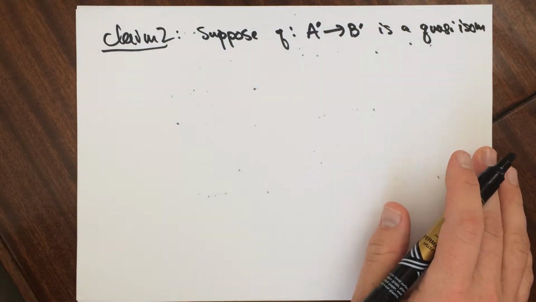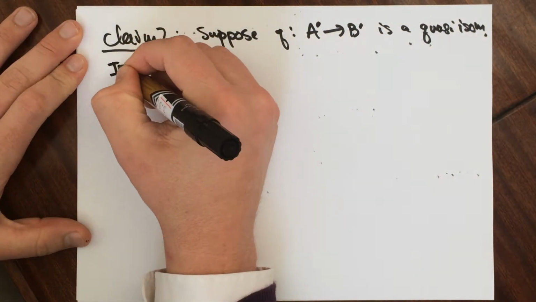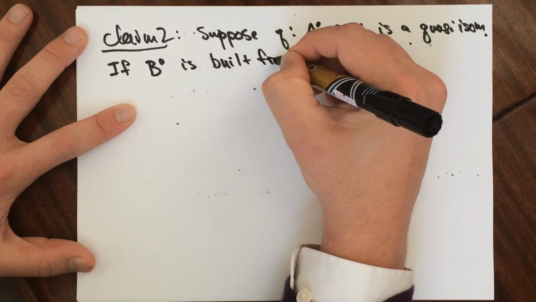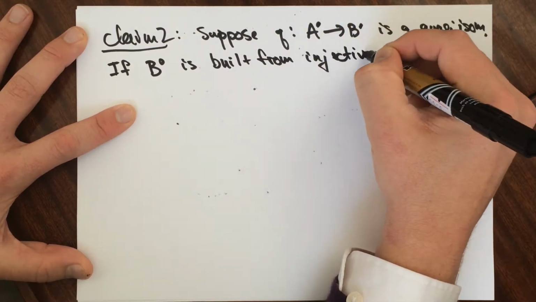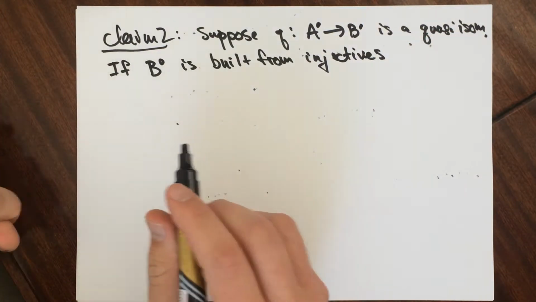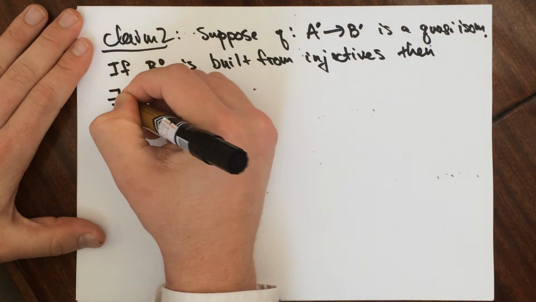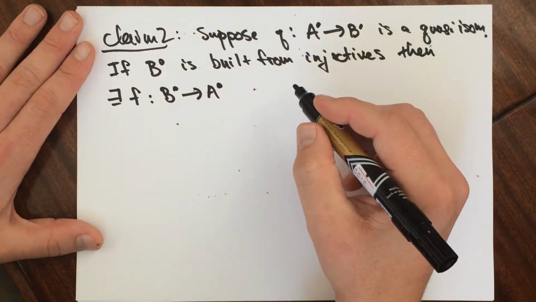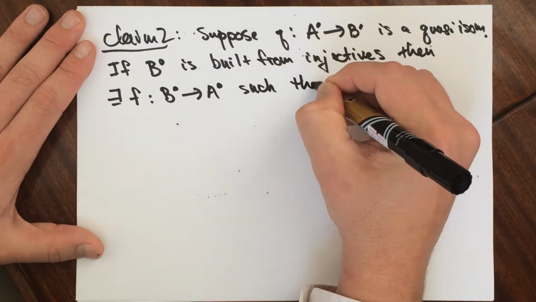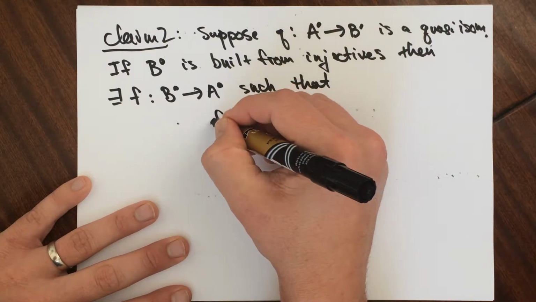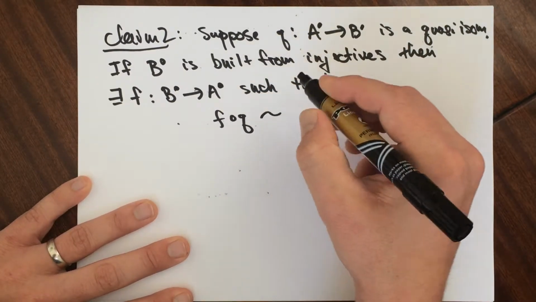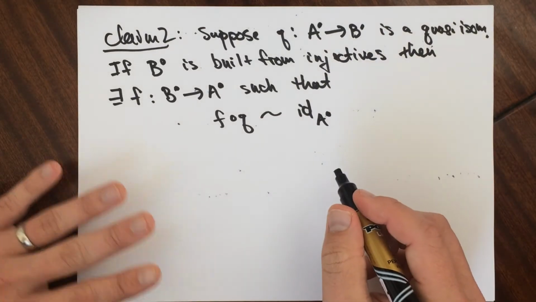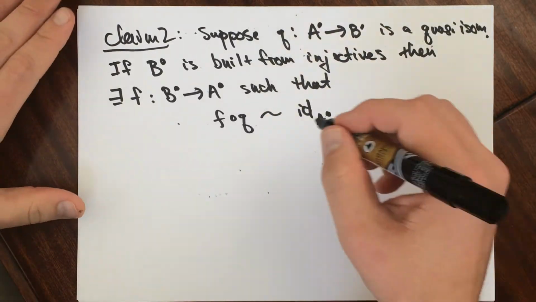If B bullet is built from injectives, so every one of those is an injective object, then there exists a morphism F from B bullet to A bullet such that if we apply Q and then apply F, this will be homotopic to the identity on A bullet.